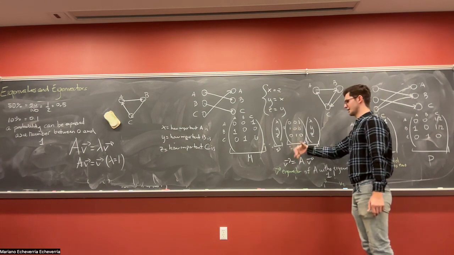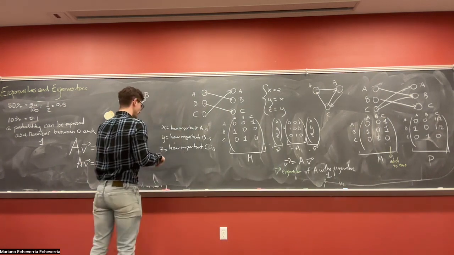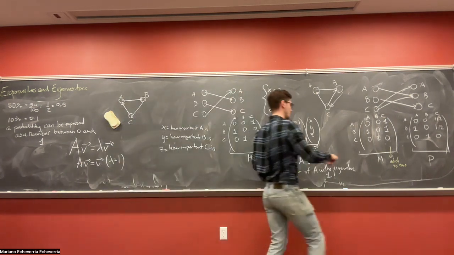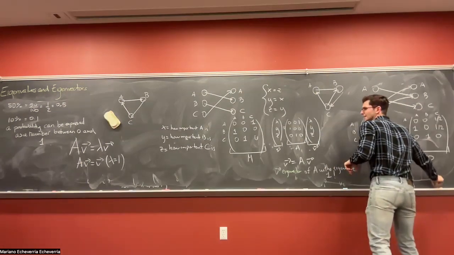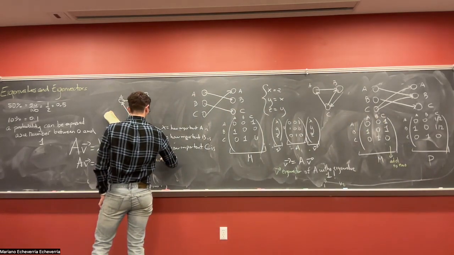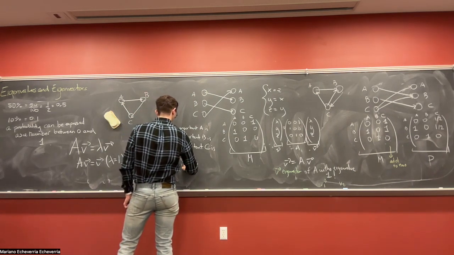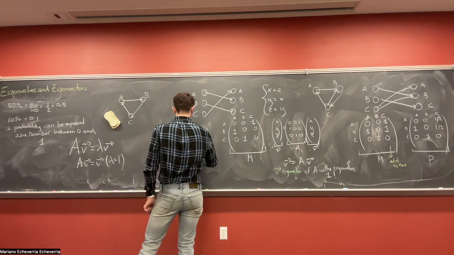And you can show, let me write it as an exercise: show that B equals 1/3, 1/3, 1/3 is an eigenvector of that matrix.